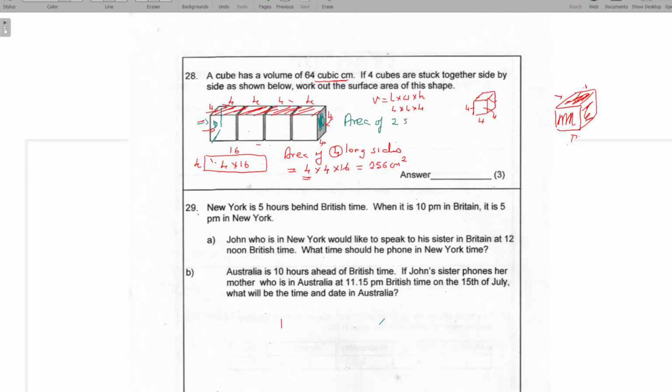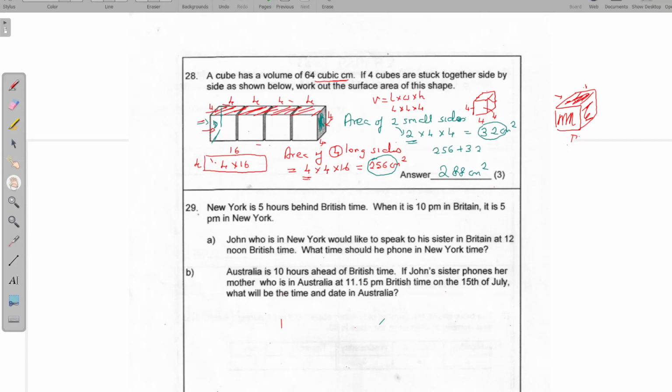Area of two small sides, length times width is 2 times 4 times 4, that's 2 small sides, so that is 32. So therefore the total area would be 256 plus 32 centimeter squared. 256 plus 32 will be 288 centimeter squared, or square centimeter.